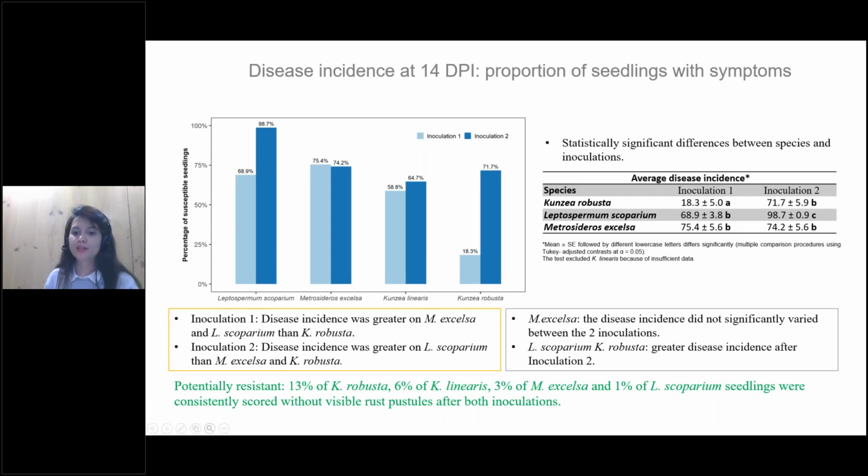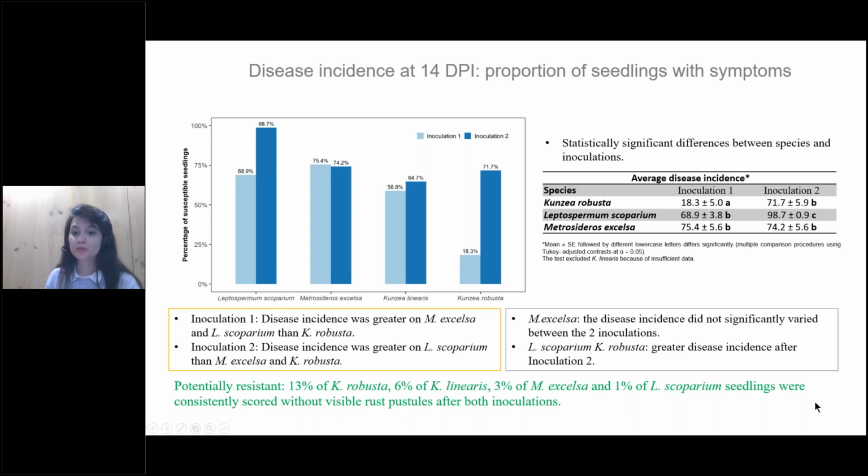In the statistical test, a significant difference is shown by lower case letters. Overall, what this test shows is that after inoculation 1, Metrosideros excelsa and Leptospermum scoparium were not significantly different from each other, with around 70% of susceptible seedlings. But the disease incidence for these 2 species was significantly higher than Kunzea robusta, which only had 80% of its seedlings being susceptible.